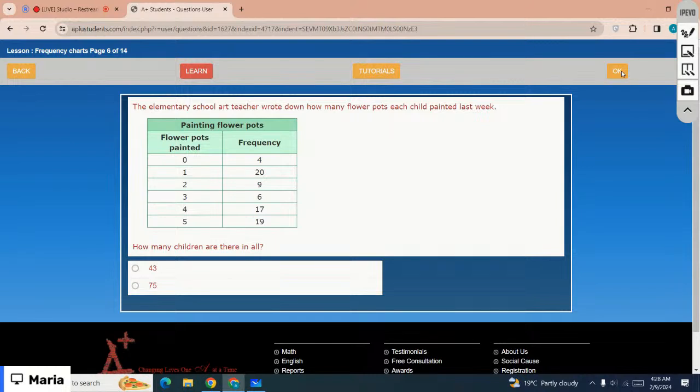The elementary school art teacher wrote down how many flower pots each child painted last week. How many children are there in all? So, which is the correct option?